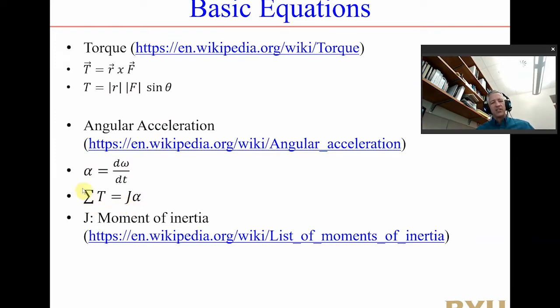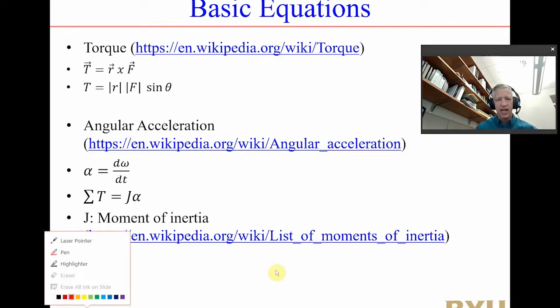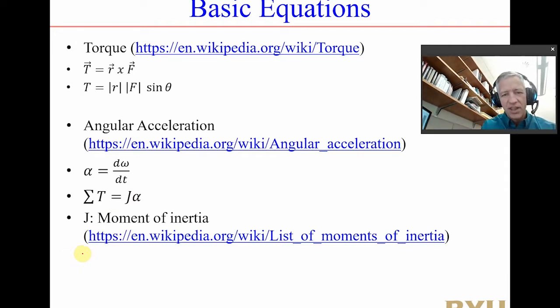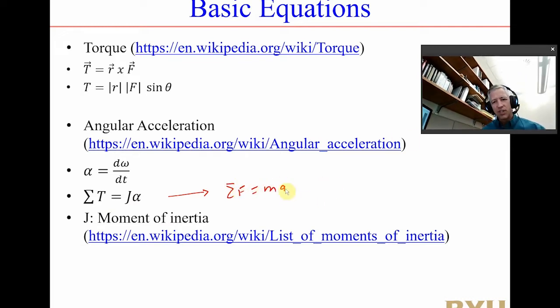So the sum of the net torque is equal to the moment of inertia times the angular acceleration. This is related to our force equation from physics, where the sum of the forces is equal to mass times acceleration. So you see we've changed from linear acceleration into angular acceleration, and from mass into moment of inertia.